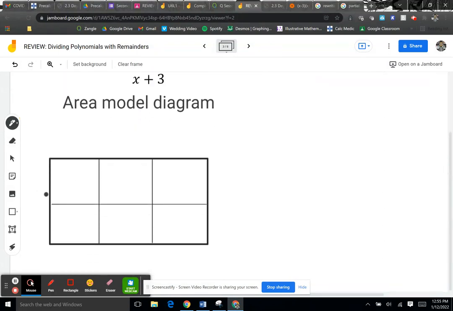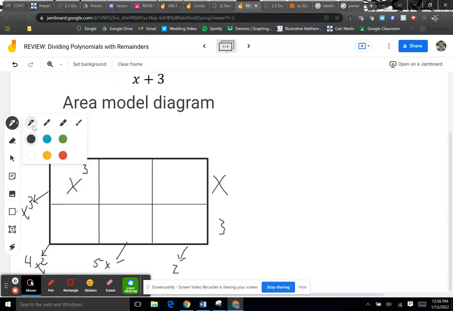So again, out of the diagonals, I'll have x cubed, 4x squared, 5x, and 2. But this time I'm dividing it by x plus 3. All right, so out of this diagonal right here, there's only one box. This has to be x cubed. So now I'll go through and piece it all together.